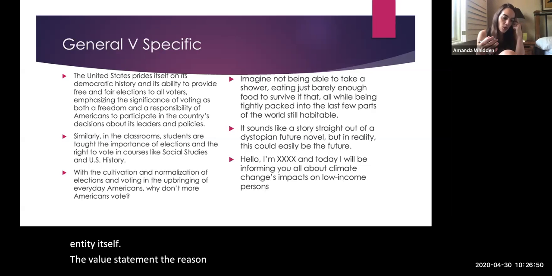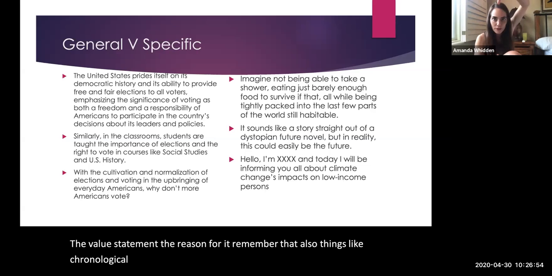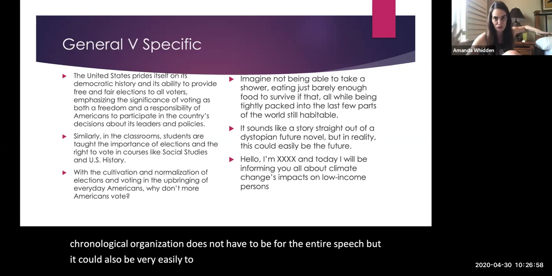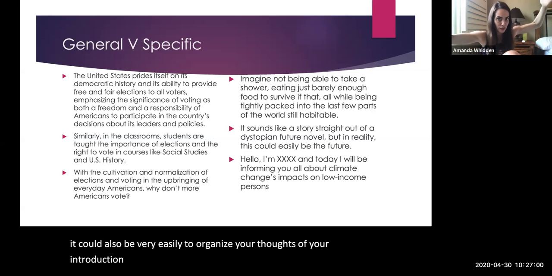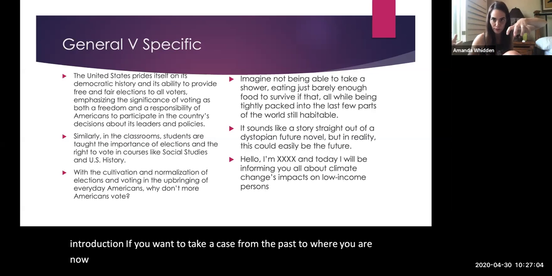Remember that chronological organization does not have to be for the entire speech, but could also be used to organize your thoughts in your introduction. If you wanted to take a case from the past to where you are now, we could do something like that.